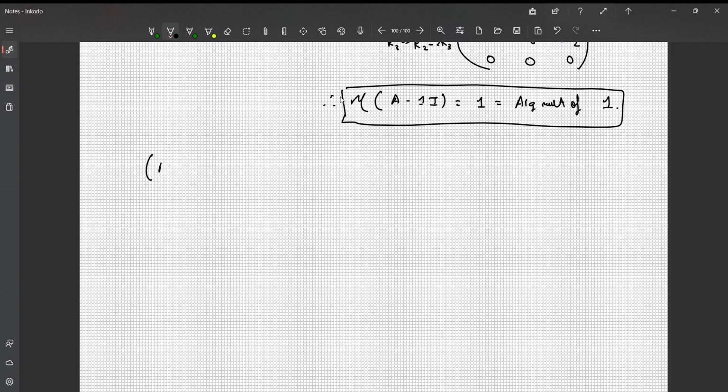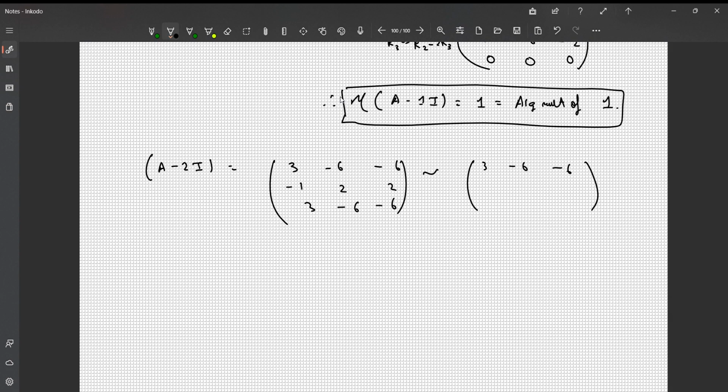Consider the matrix A minus 2I. What is the matrix A minus 2I? It's 3, -6, -6, -1, 2, 2, and then 3, -6, -6. The first thing, which is very trivial, is to subtract the third row from the first row.